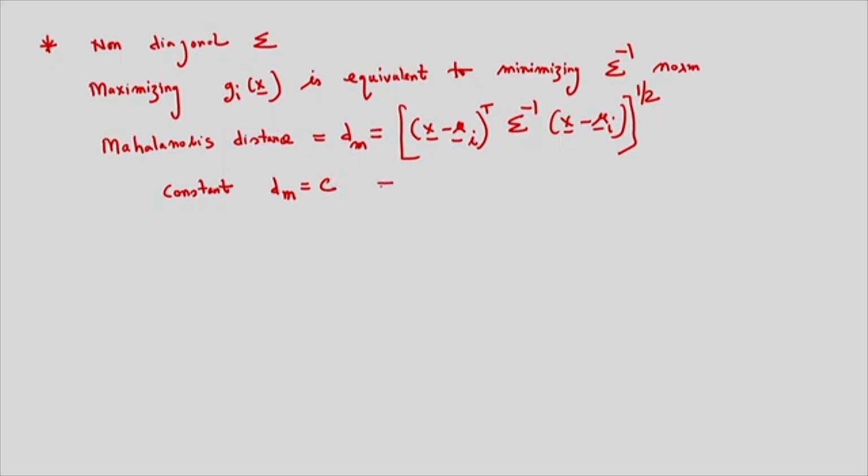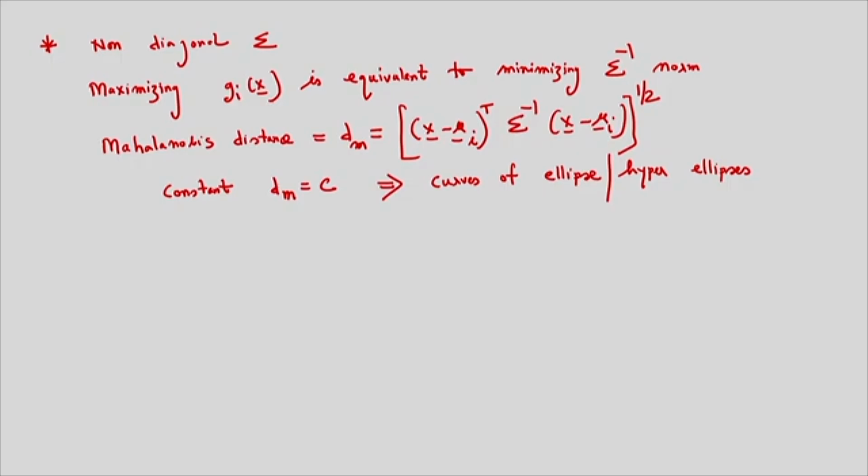So corresponding to this, I will be getting curves of ellipses, and if I consider the high dimensional, then I will be getting hyper ellipses. So for constant Mahalanobis distance, I will be getting the curves of ellipse, or maybe high dimensional, I will be getting hyper ellipsoids. So these two cases we are considering.